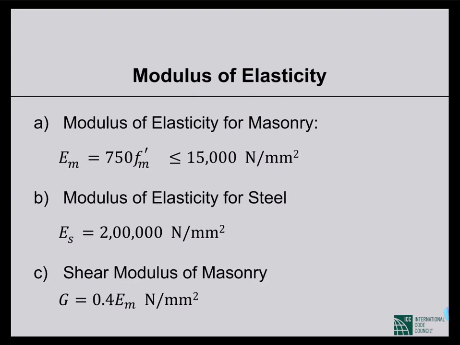Modulus of elasticity depends on Fc prime. Here it depends on Fm prime, and it is directly proportional to Fm prime. In case of concrete, it is proportional to root over Fc prime. Here it is directly proportional to Fm prime.